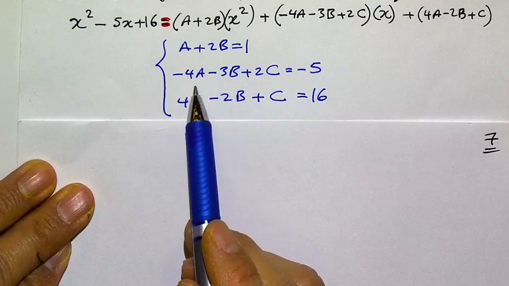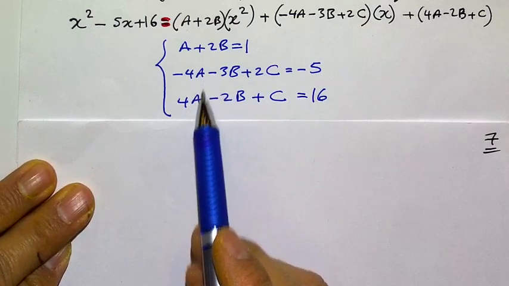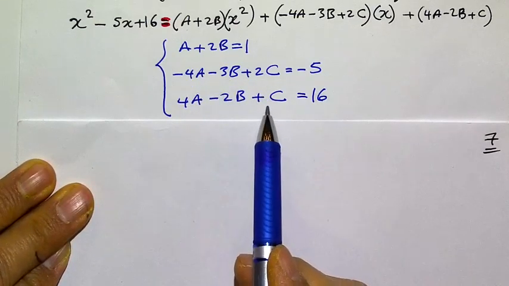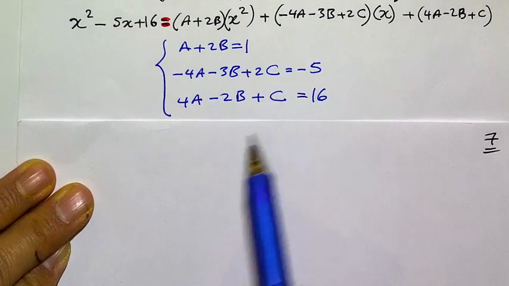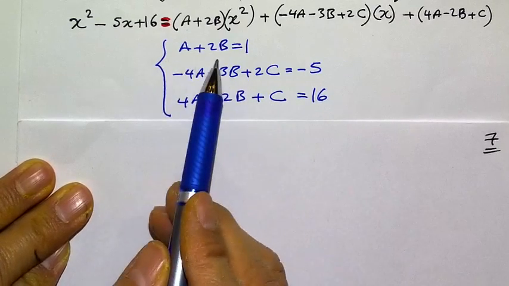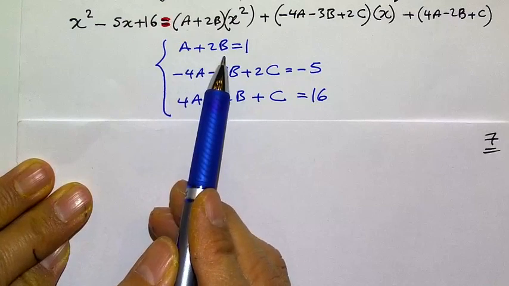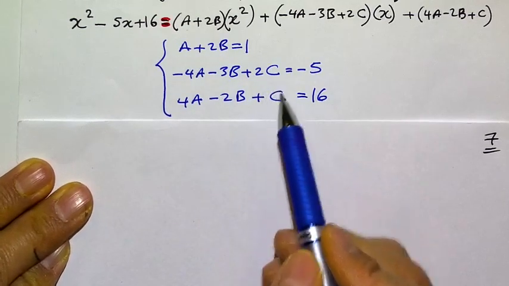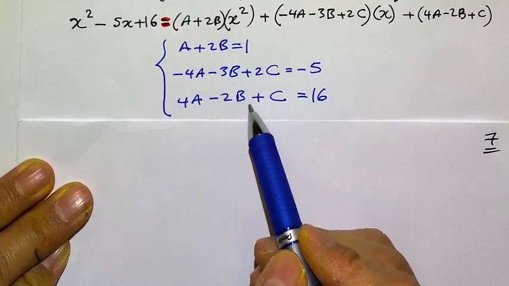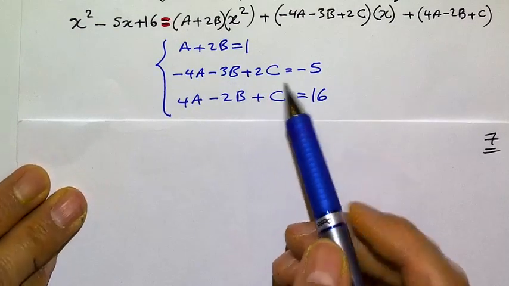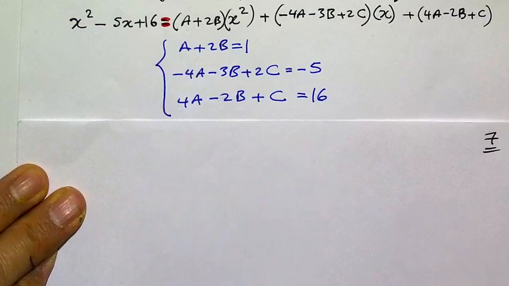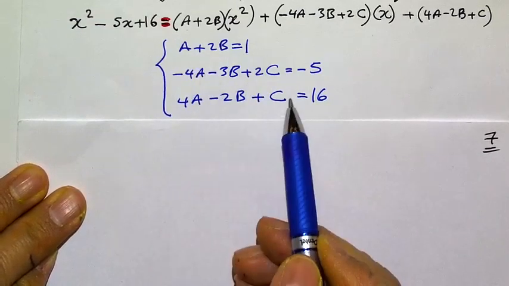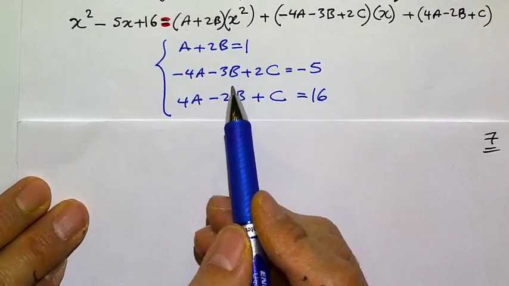Typically, we would go through checking to see which variable is easier to eliminate. But in this case, look at the first equation. It's already missing variable c. So let's get rid of the variable c in these two equations. That's because the first equation is kind of hinting us to do that. So let's get rid of the c.